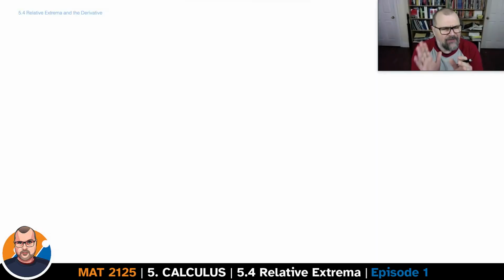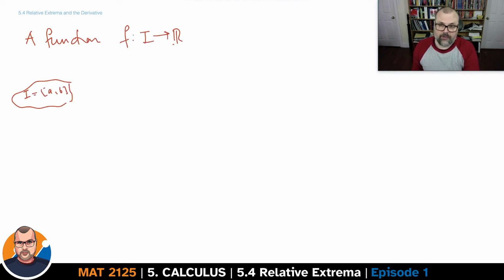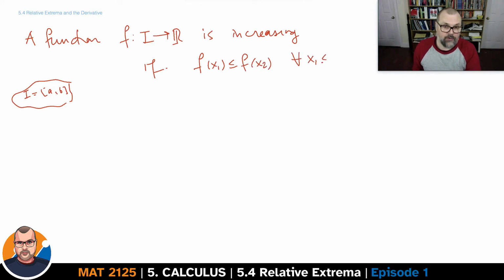So let us now give a very nice characterization of relative extrema using the derivative. We say that a function f over some interval I into the real numbers is increasing if f at x1 is smaller than or equal to f at x2 for every x1 smaller than or equal to x2.